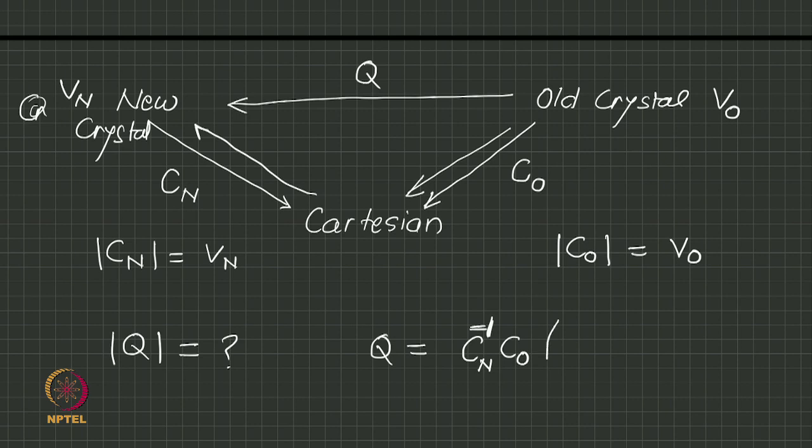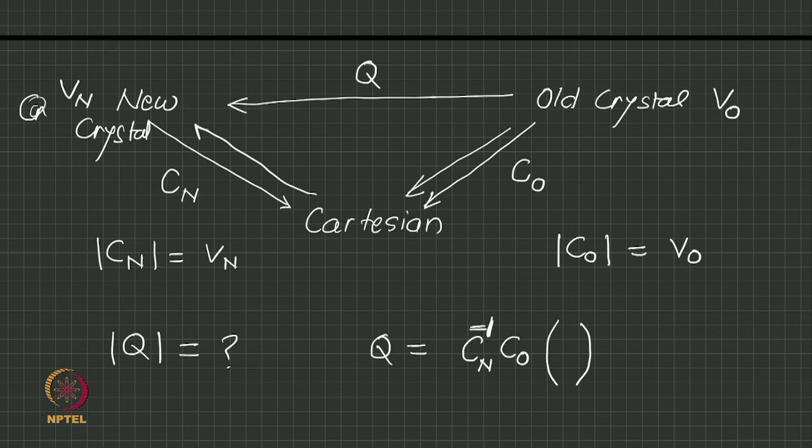If you give it old coordinates and multiply by C old, you get the Cartesian coordinates. Now I multiply by C new inverse, because I am going in the opposite direction: I want to transform from Cartesian to crystal.